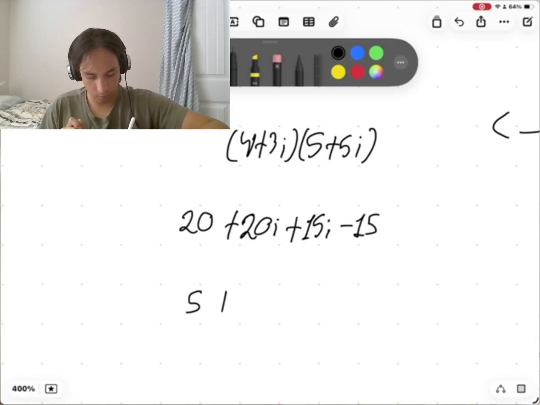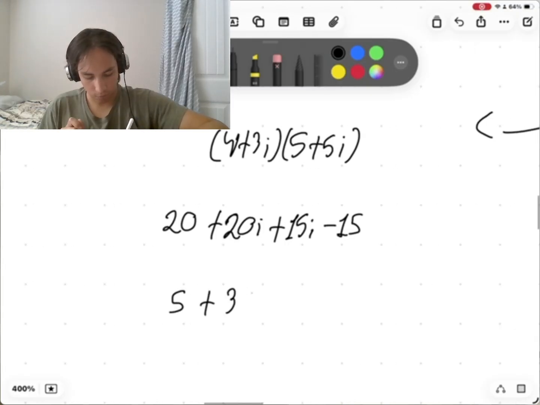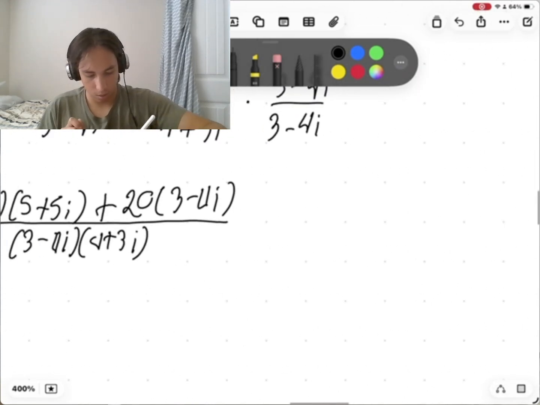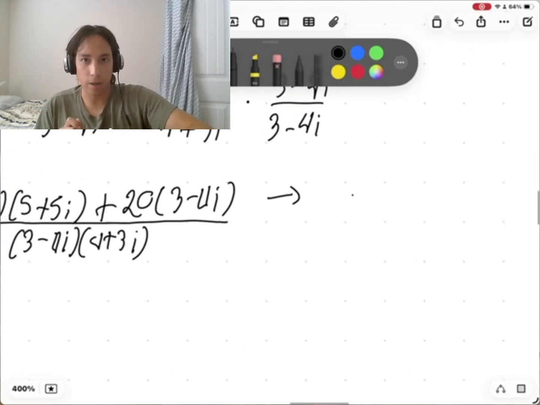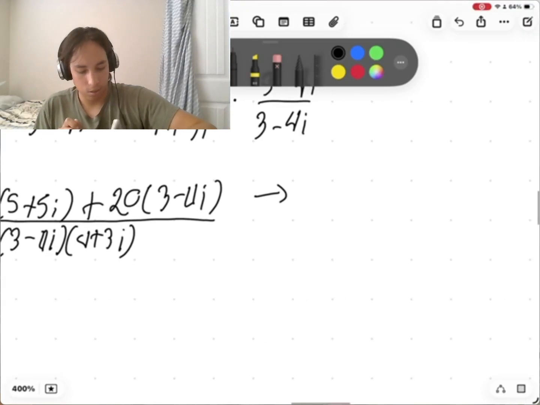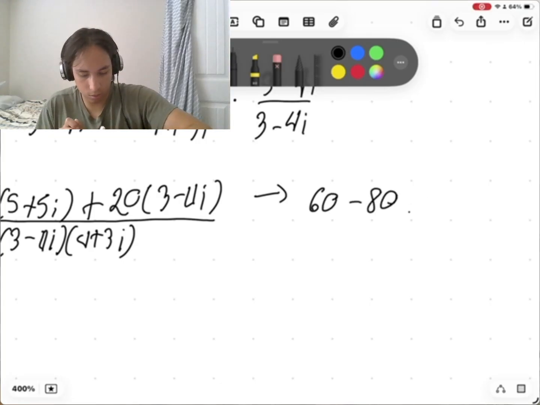That is 5 plus 35i. This goes here. And this, we basically multiply both by 20, since the imaginary part is 0. And so we get 60 minus 80i.